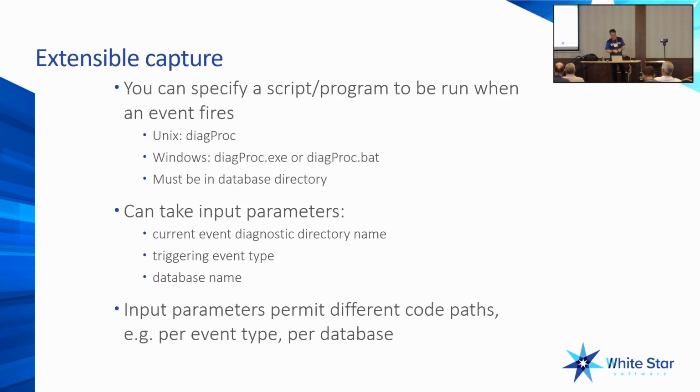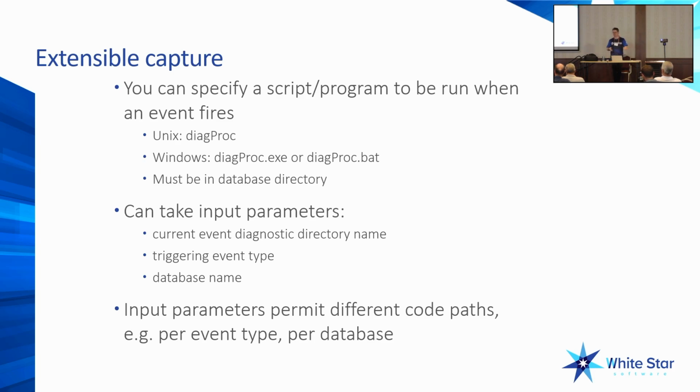So I talked a little bit about this extensibility mechanism, this diagnostic procedure. It has a special name. It's called diagproc. That's its name in Unix. In Windows, it would be diagproc.exe or diagproc.bat. If the exe exists, it'll be run.